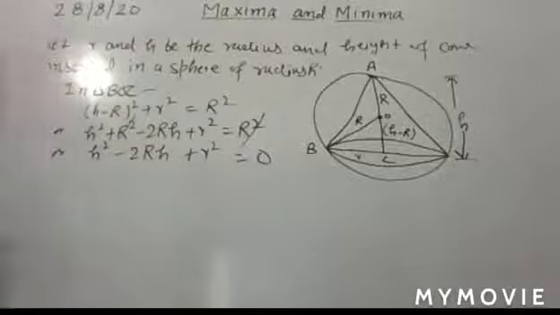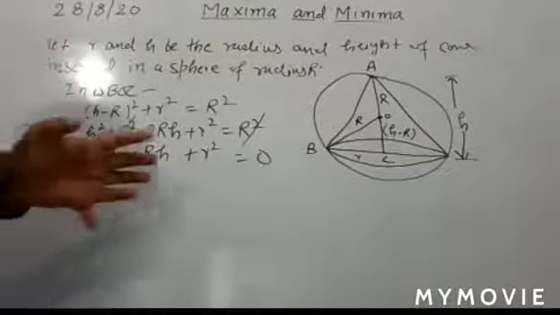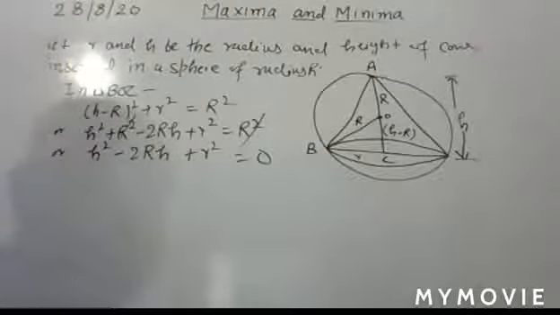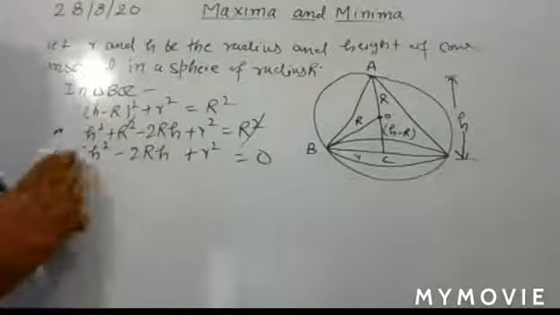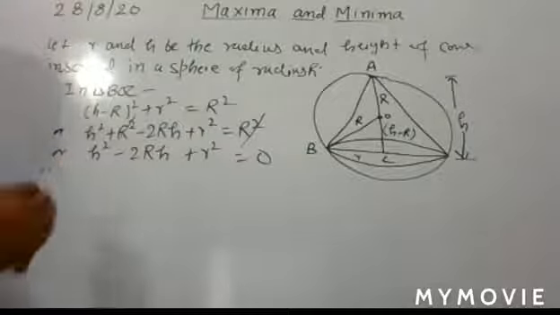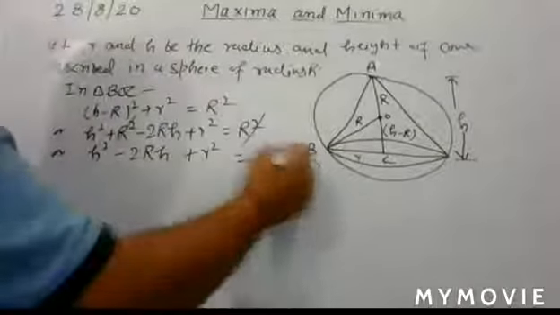It looks like a quadratic equation type, but that may not be solved here. So here you have a relation between r and h. Suppose we take it as the first equation.